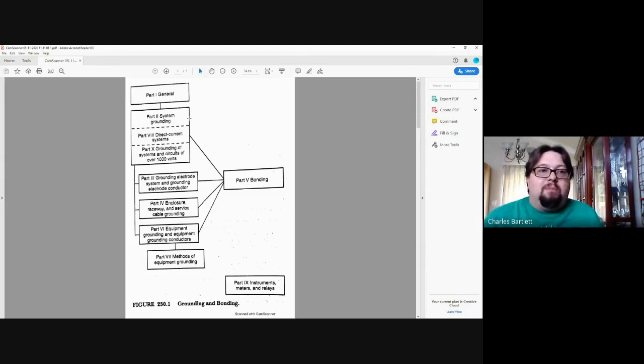But basically bonding jumpers serve as the bridge between those 2 systems. The grounding electrode system and the equipment grounding system are basically two separate things, and the conductors within them are sized differently. And then we have the bonding jumper in the middle that connects them.